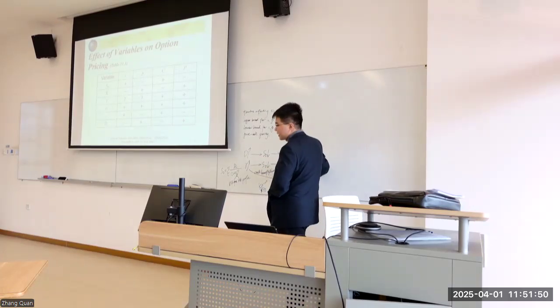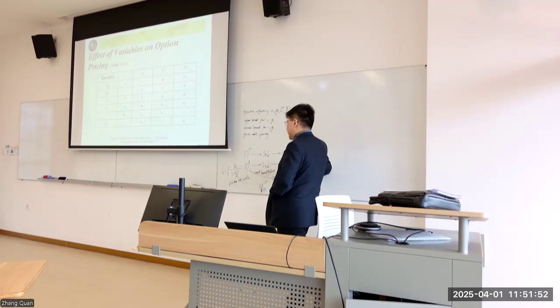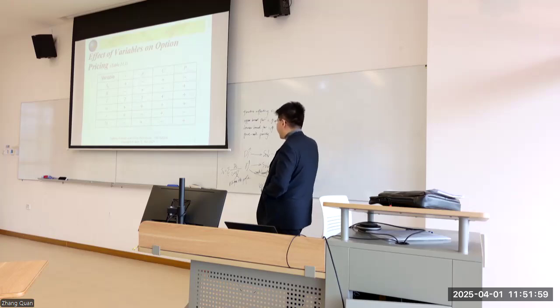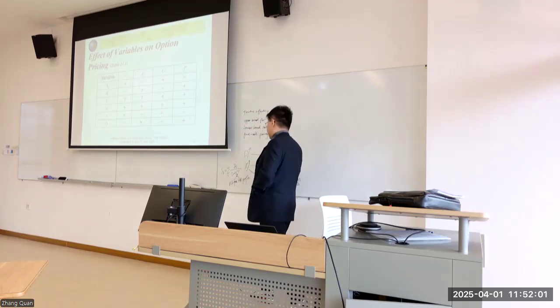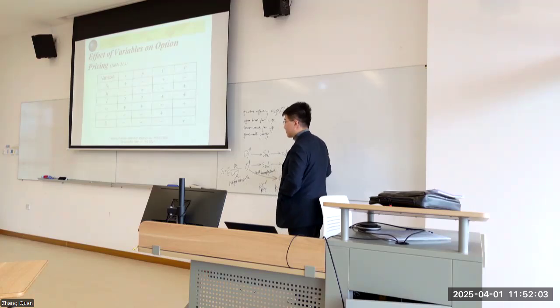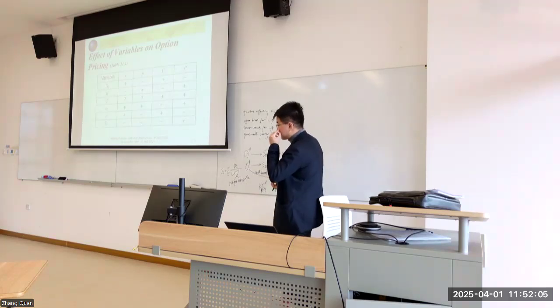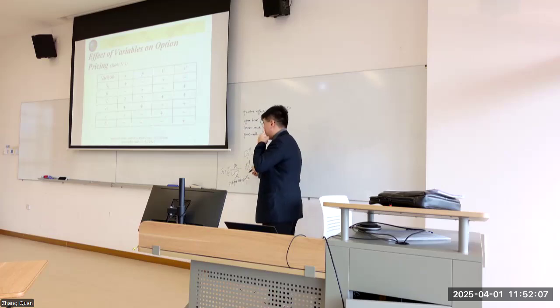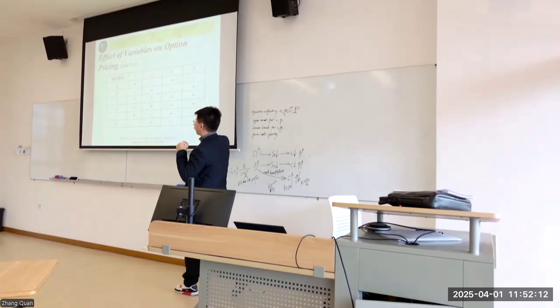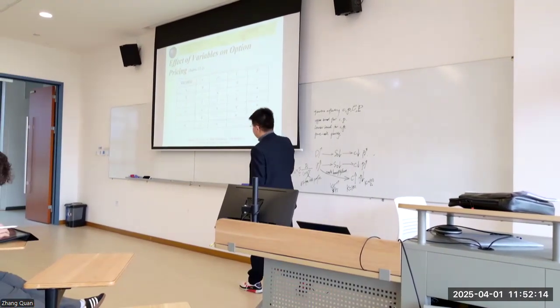So if you check the pattern, it is a big part for us to conclude the overall impact of the risk-free rate on option pricing, because it's quite natural to expect that the risk-free rate will affect the stock price and even the dividend amount, right?